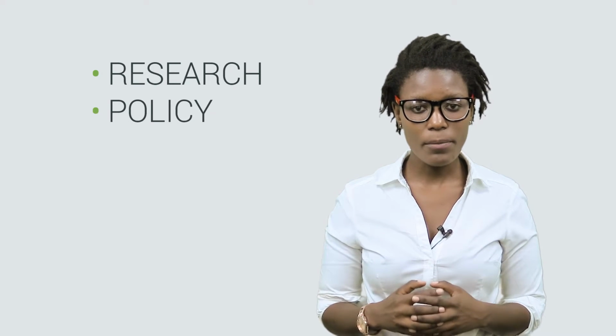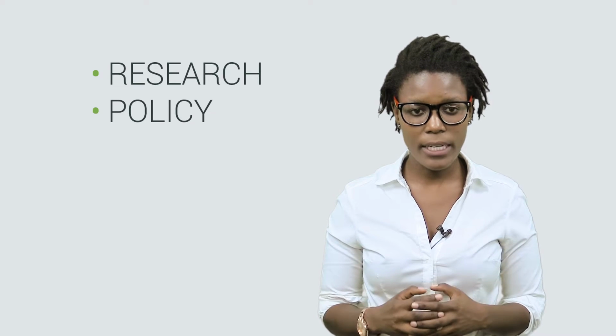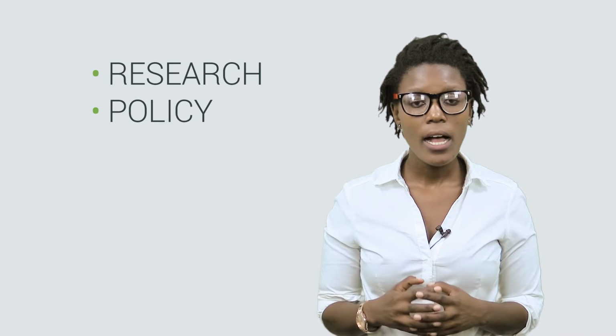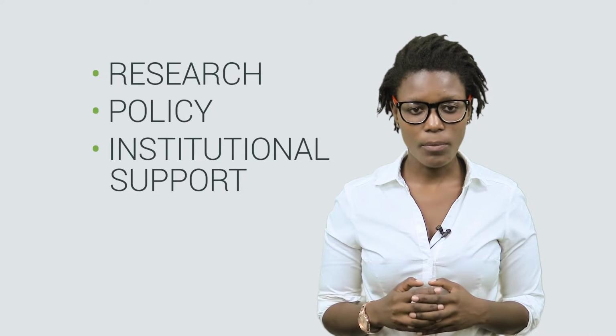The first is research. Is there research being conducted that will assist you to respond to the potential climate change impact? The second is policy. Do you have any policies or regulations in place that will assist you in adapting to the potential climate change impact? The third is institutional support.